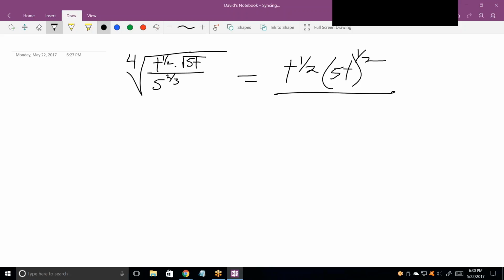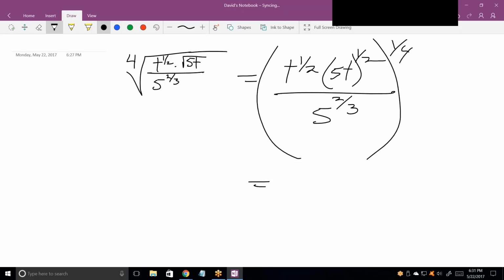Denominator is still 5 to the 2/3. And what's this whole thing to? The 1/4. See, now I have it so it's real simple. Now it's just a question of multiplying. I got a bunch of double exponentiation going on, right?